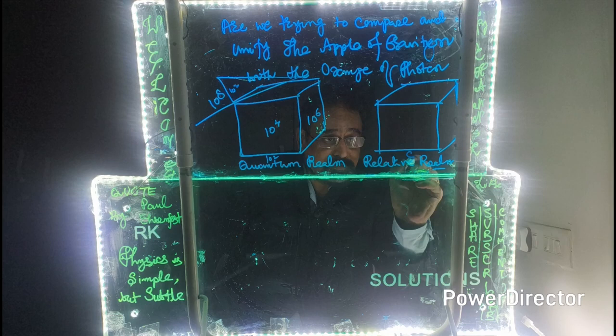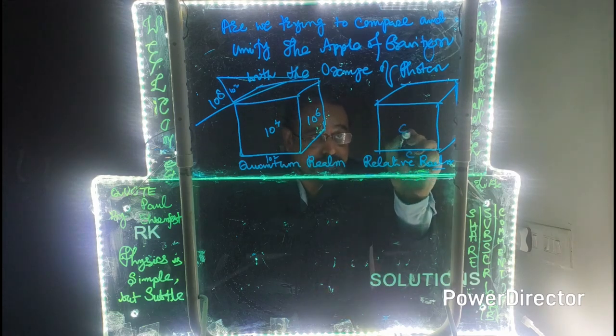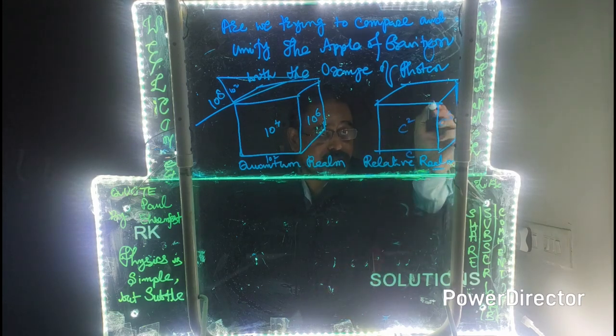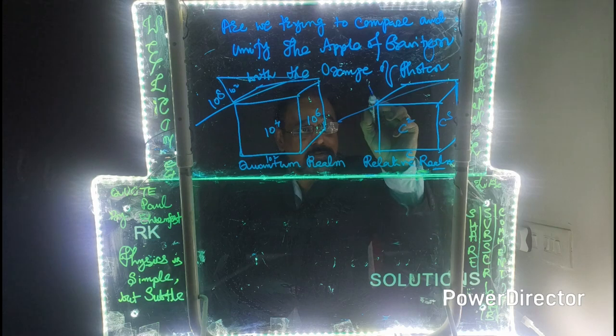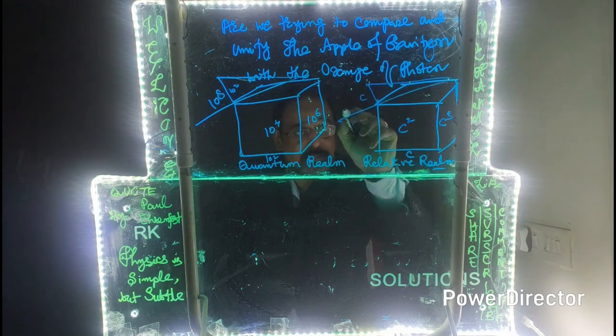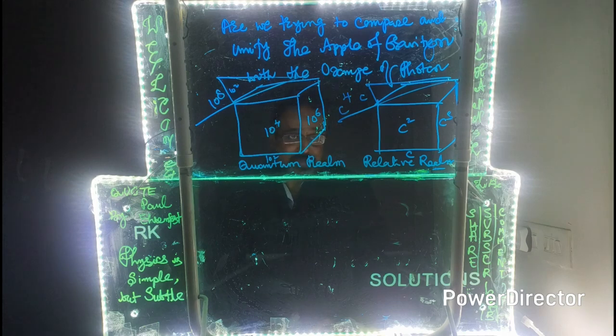Here we started with c squared, c cubed, and we ended with c4.